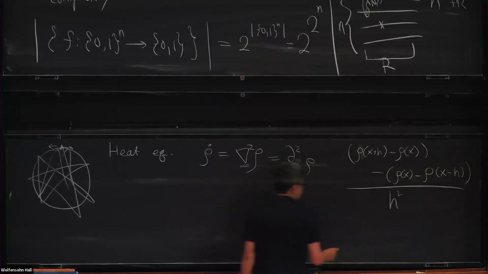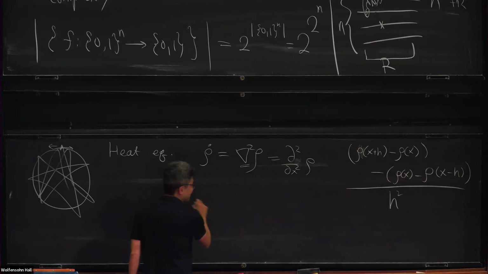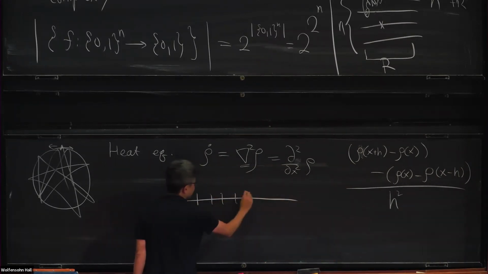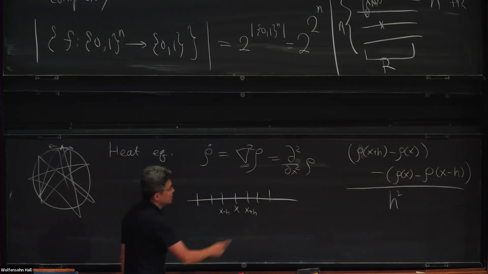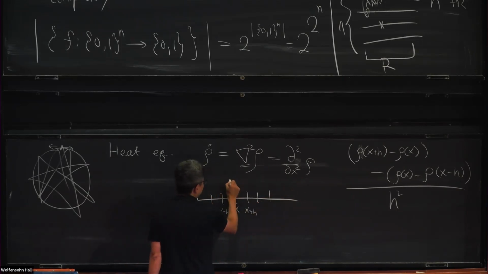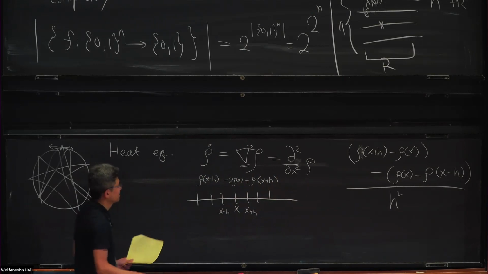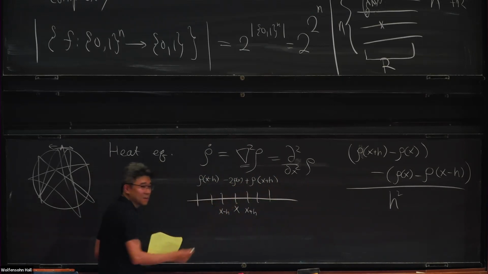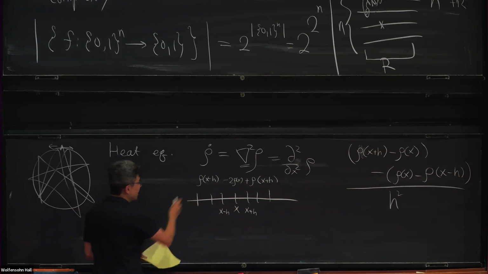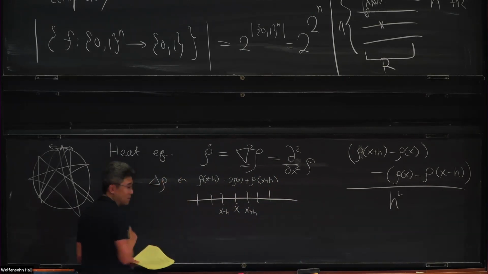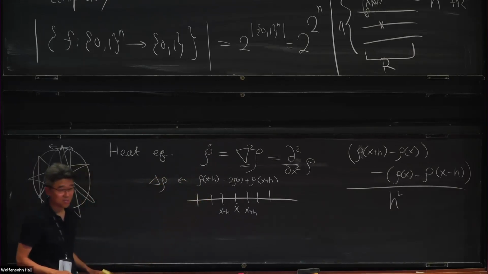But if I imagine the function not to be continuous or anything, if I just discretize the domain, then this expression is like I take -2 of the function value at this point, and then I add another function point slightly on the right, and I also add another function point on the left, and then maybe normalize it properly, and that's going to be my change in my function. That's what this heat equation does.